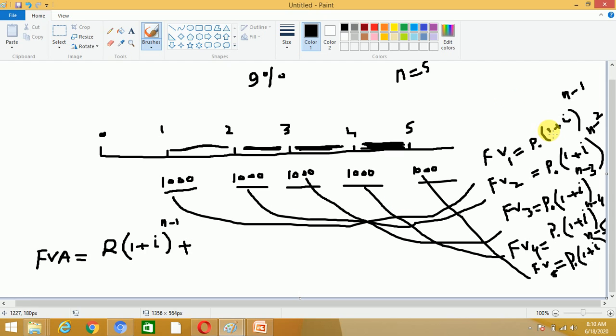All these will be added. We will add all these. Again R.